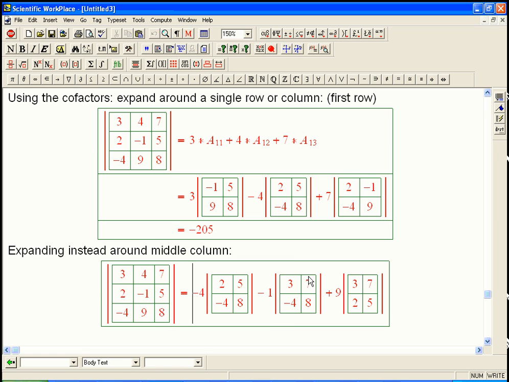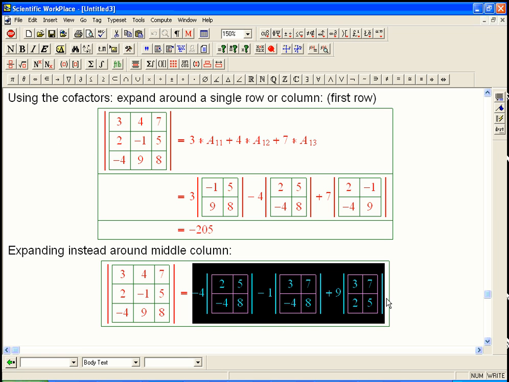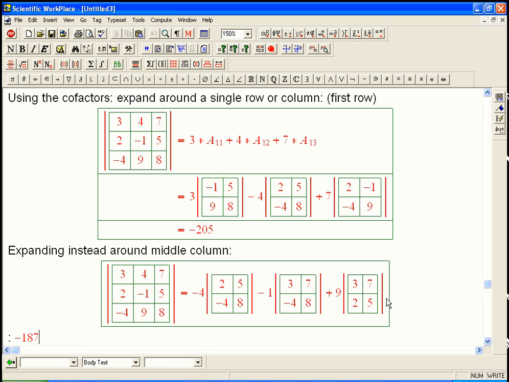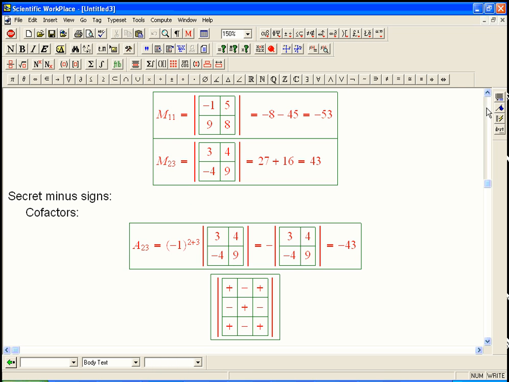Didn't press control. Let's try that again. Oh, that's annoying. What did I do wrong? You see, oh, that's good. I meant to do that, really. I wasn't careful about the cofactor. Minus plus minus.